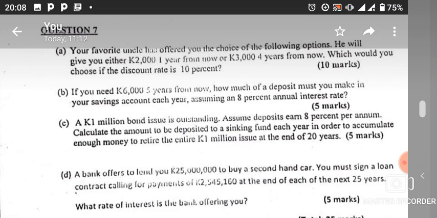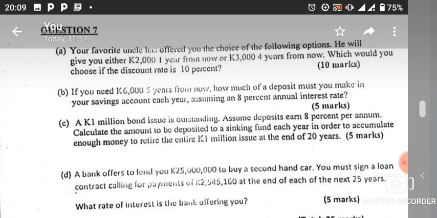When you see sinking fund, most likely that's the eye-catching one. The sinking fund here is actually an application of the future value. So just take note of this: sinking fund is an application of future value. So already we know the formula we're going to work with.